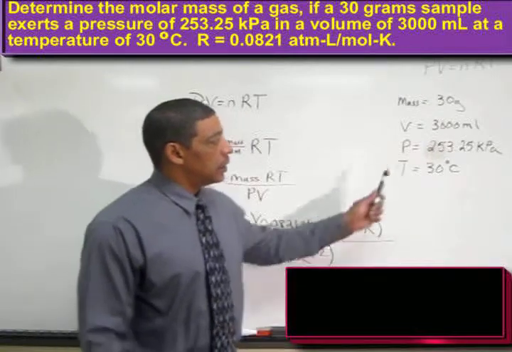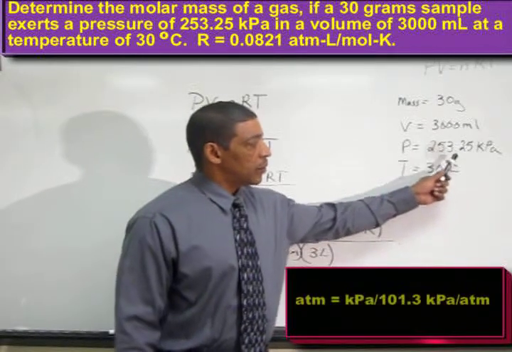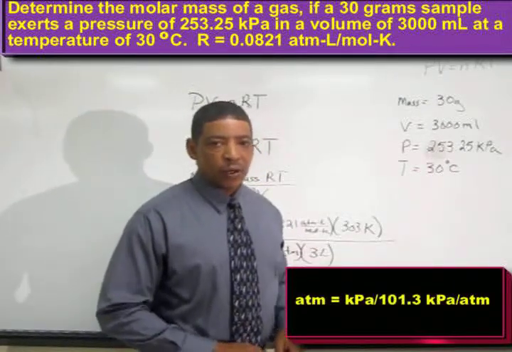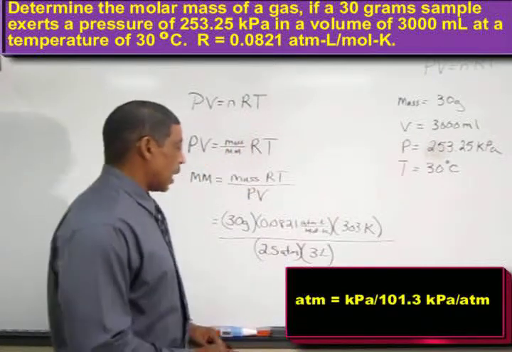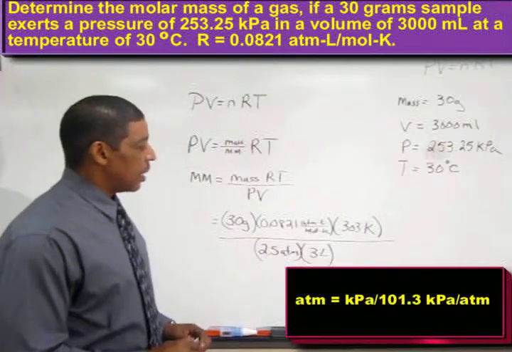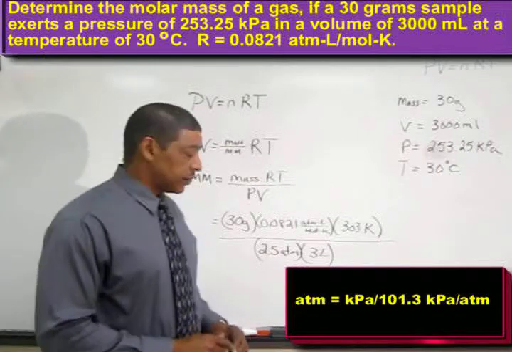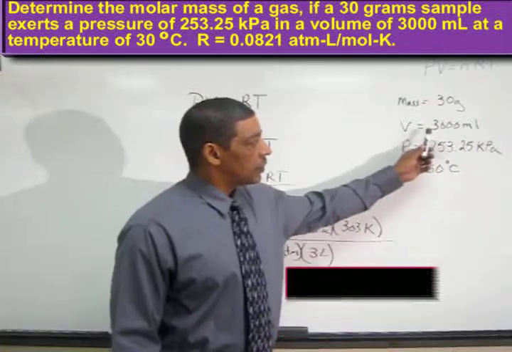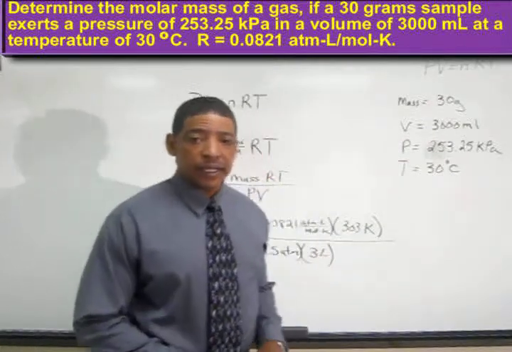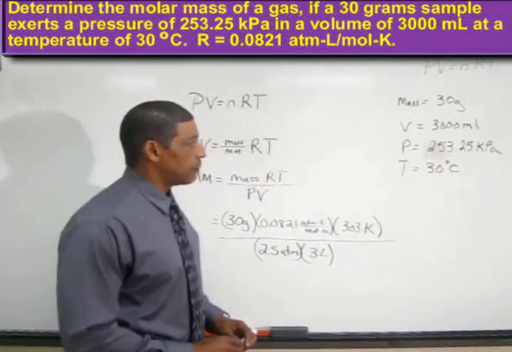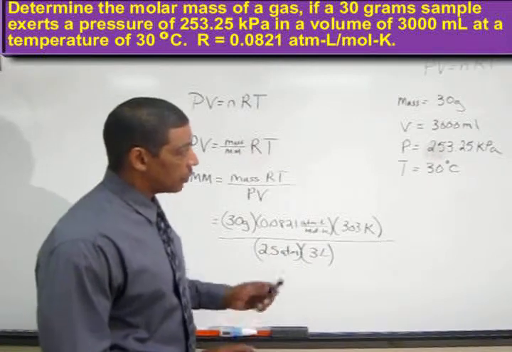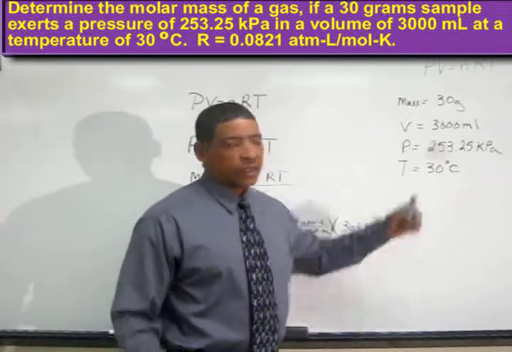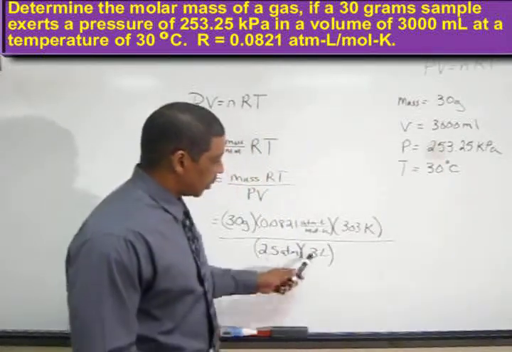So divide 253.25 by 101.3, and we will generate a pressure in atm of 2.5 atm. The volume is listed in milliliters. However, in the ideal gas law, the volume must be converted to liters. To do so, simply divide 3,000 by 1,000, which will equal 3 liters.